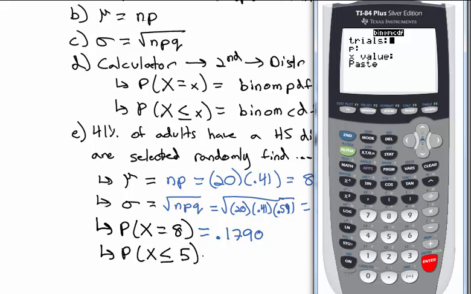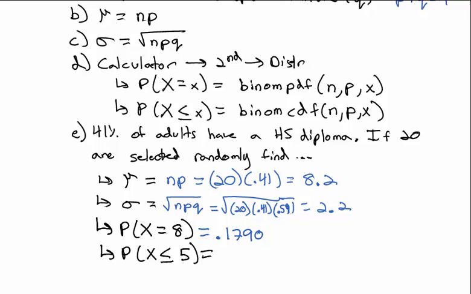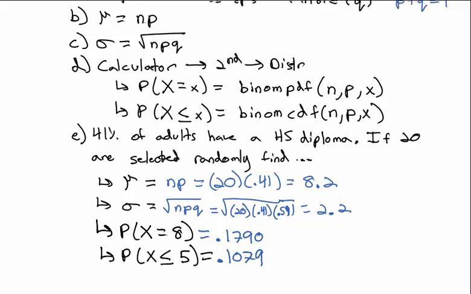We've got 20 trials because we selected 20 people. Our probability was 0.41, and we want to go all the way up to 5 people. Paste it in there. If you had the 83, you typed in 20, 0.41, 5. Same result. Hit enter, and we get 0.1079.